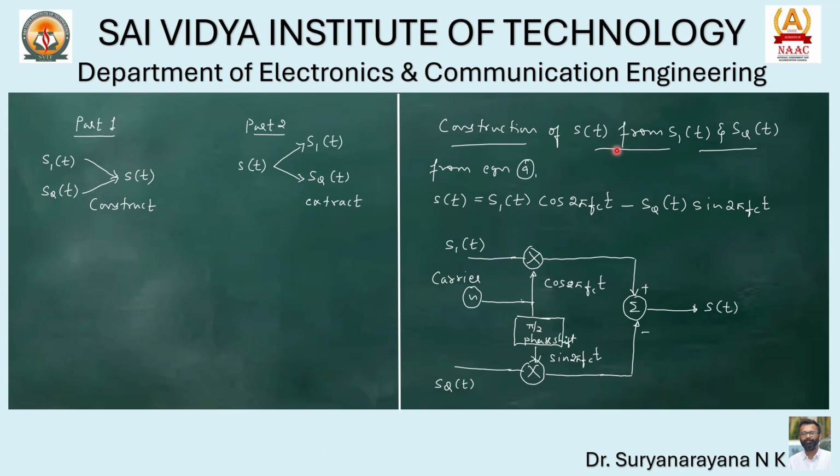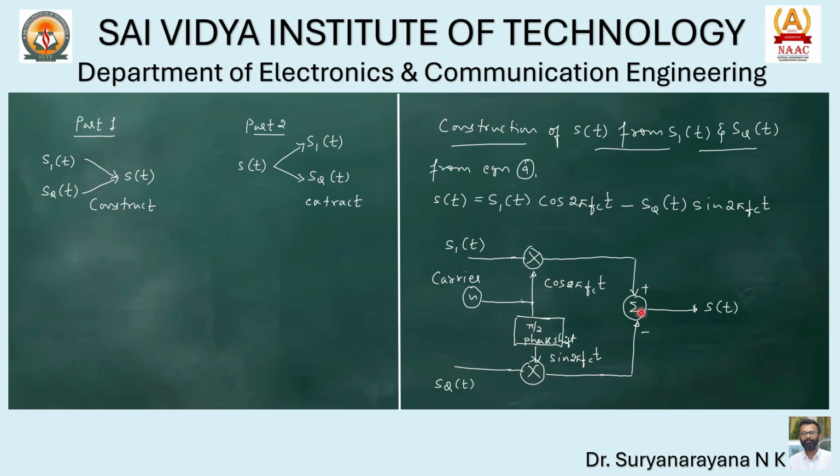So from equation 9, we can write the block diagram here. Take Si of t and Sq of t, generate a carrier cos 2 pi fct, and multiply that with Si of t, and you will get the first expression. Now pass that cosine signal through a 90-degree phase shifter, multiply it with the quadrature component, and you will get Sq of t sin 2 pi fct.